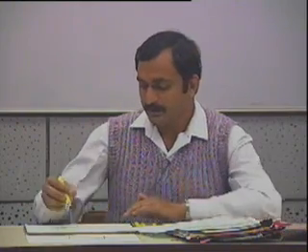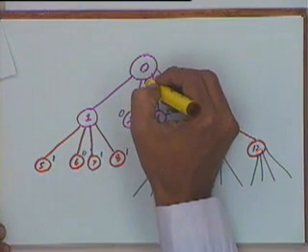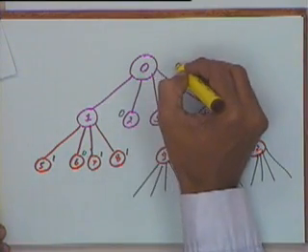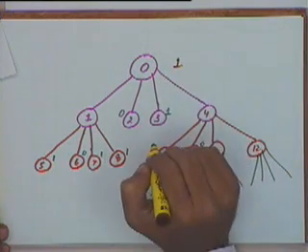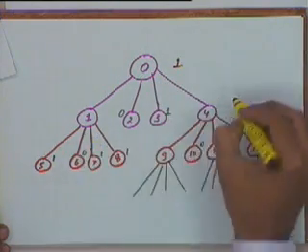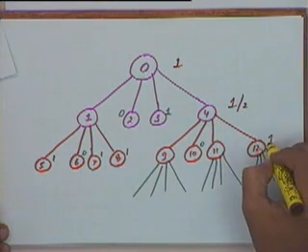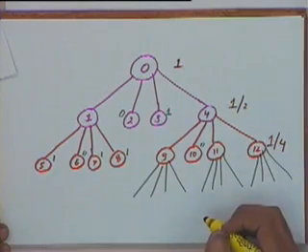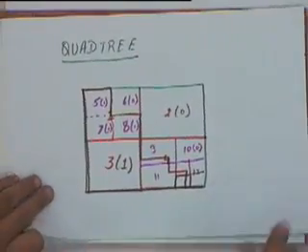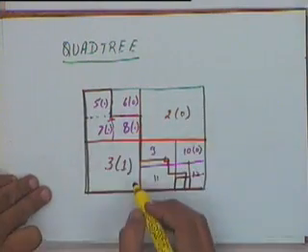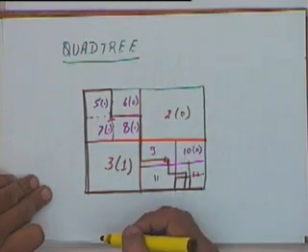If you consider a square that is being represented at this level, let us say it has a unit size of 1, the size here will be half, and the size here will be 1/4, because we are dividing a square into 4 parts, into 2 equal parts in either direction.